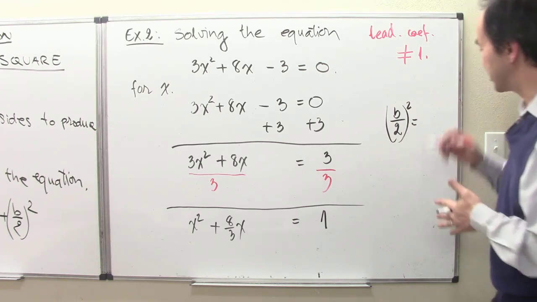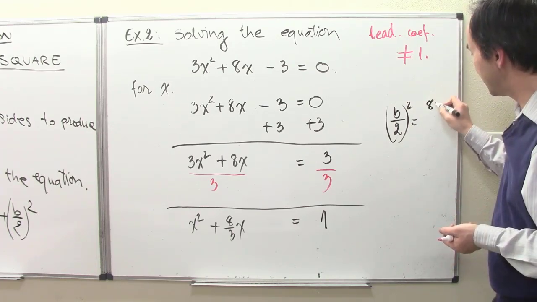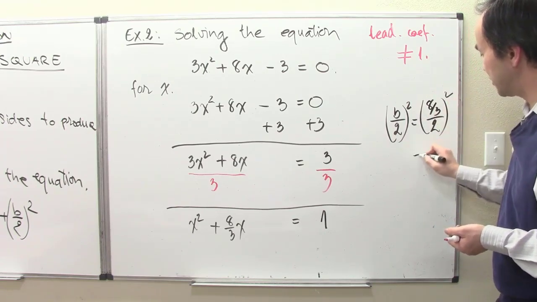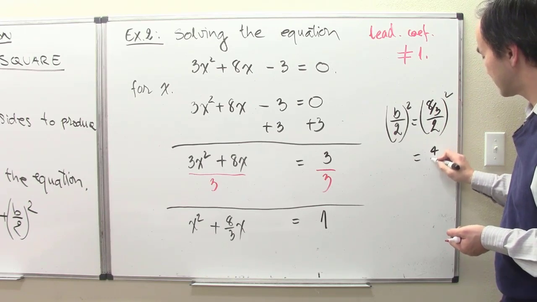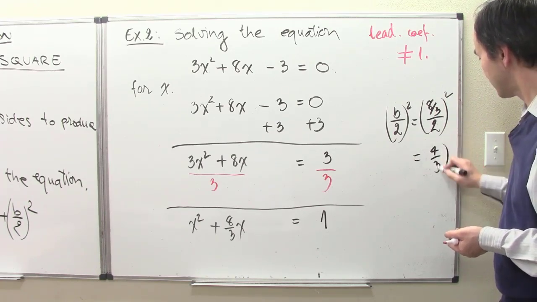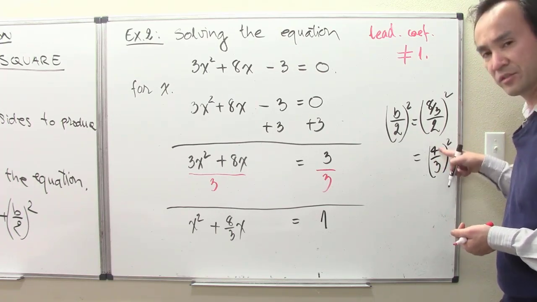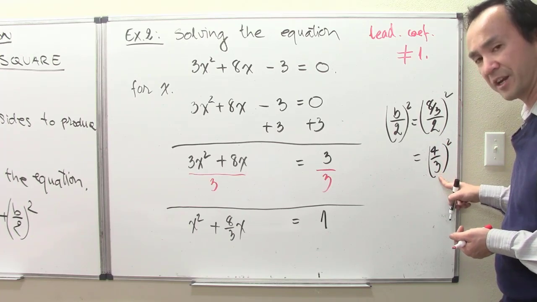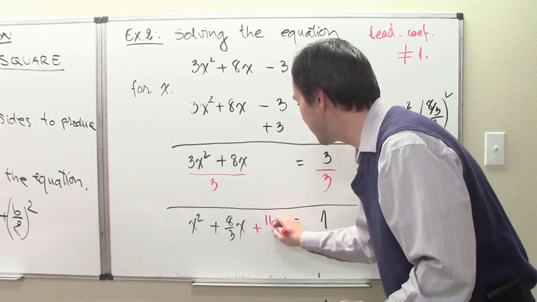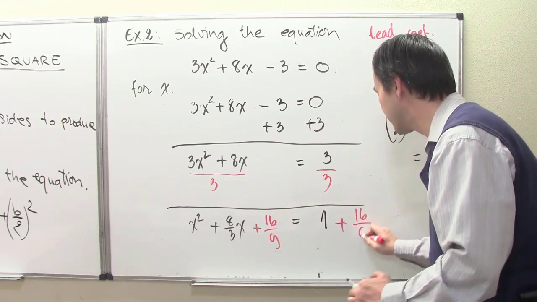In this case, it's 8/3 over 2, all squared. 8/3 over 2 is 4/3, and 4/3 squared is 16 over 9. So now I'm adding 16 over 9 to both sides of our equation.